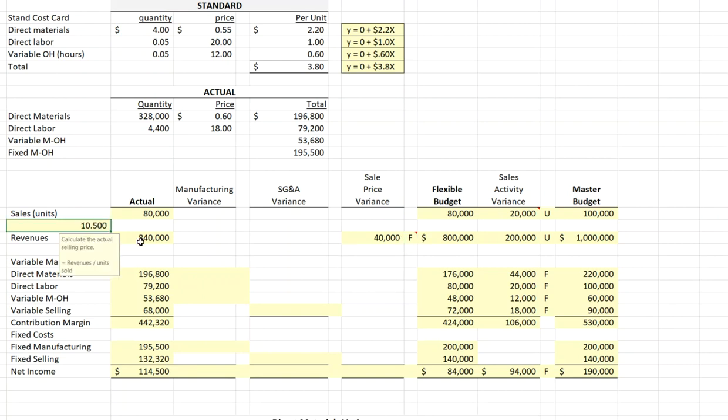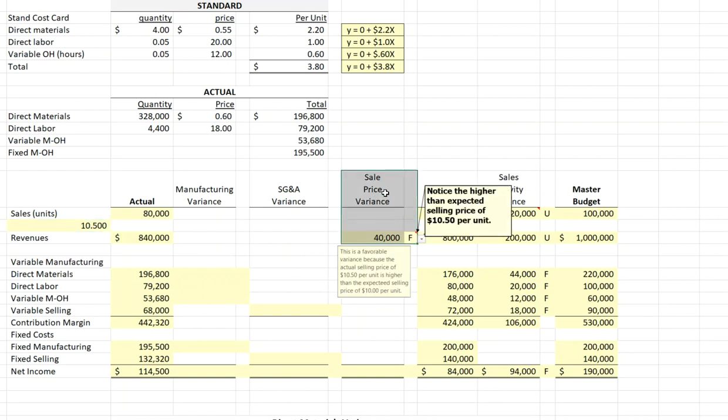If we take our $840,000 in actual revenues and divide it by 80,000 units, we can see that our actual selling price was $10.50 per unit, where we originally had budgeted a $10 per unit selling price. That gives rise to the $40,000 favorable sales price variance.